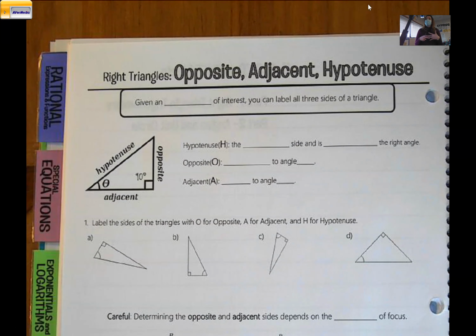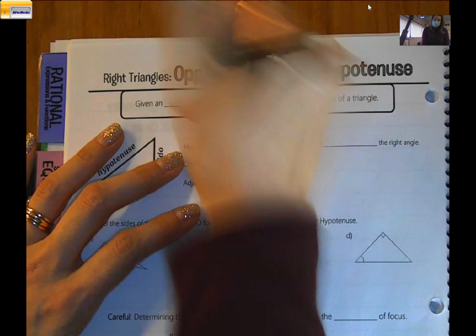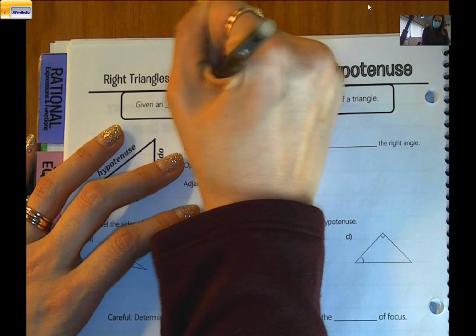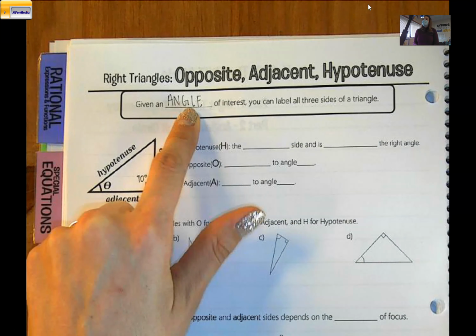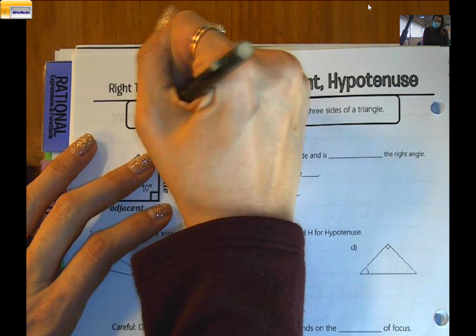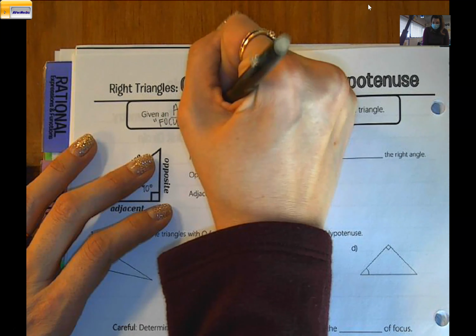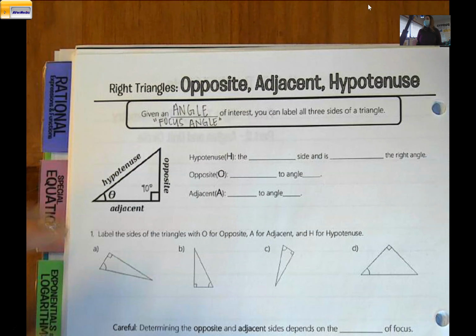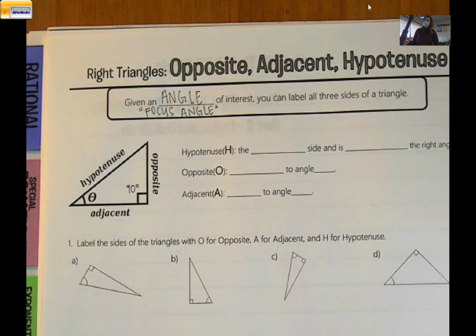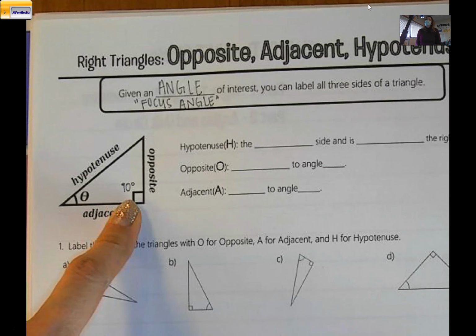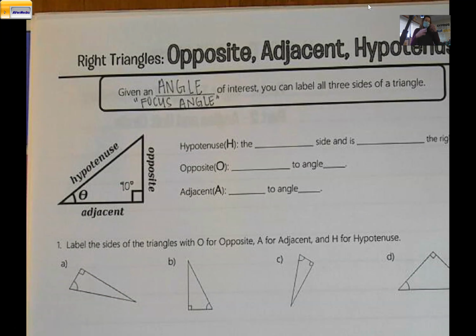Then after we get our right triangle, we focus on an angle of interest. Sometimes it's also called the focus angle. So we have a right triangle, meaning one of the angles is a 90-degree angle, and we are going to describe this triangle based off of a focus angle.